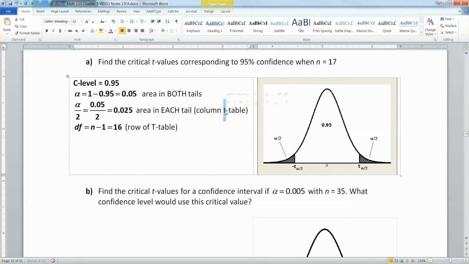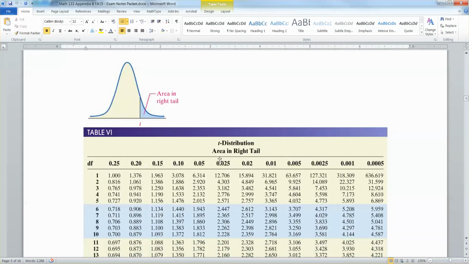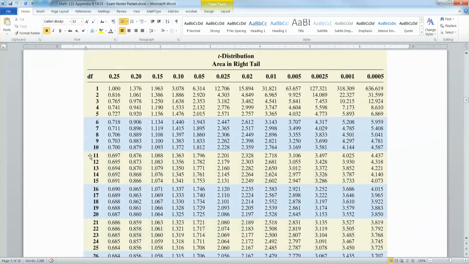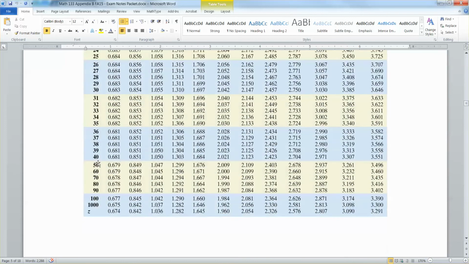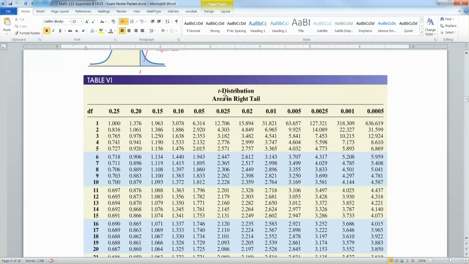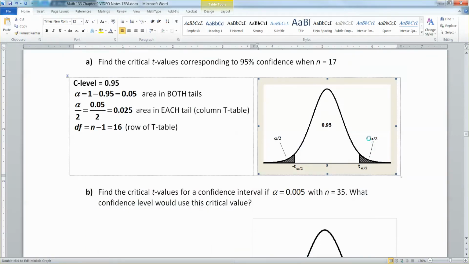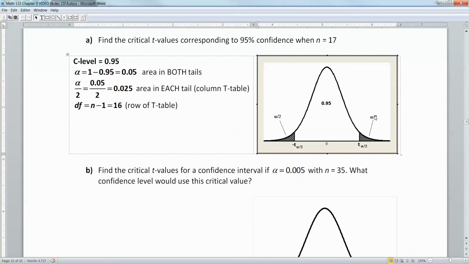All right, so let's use the t-table and just see how it works real quickly. And then I'm also going to show you how to use it with the calculator. The table is great and quick, but the problem is it doesn't have everything. The table only has 12 different alpha over 2 values and maybe 50 or so degrees of freedom. So the area in our right tail, we should have labeled it, and I will label it, because once you figure out that area, you should label it up here on the graph.